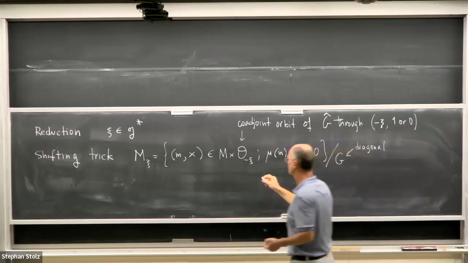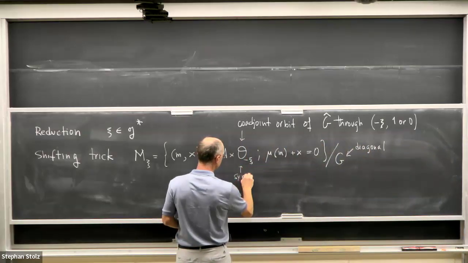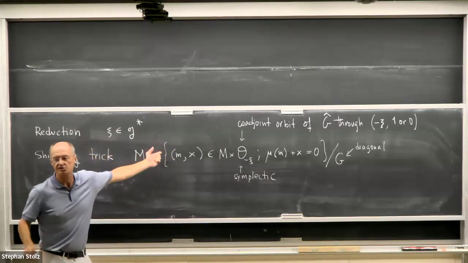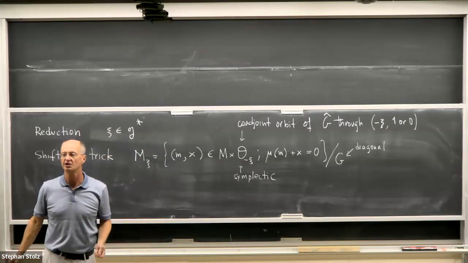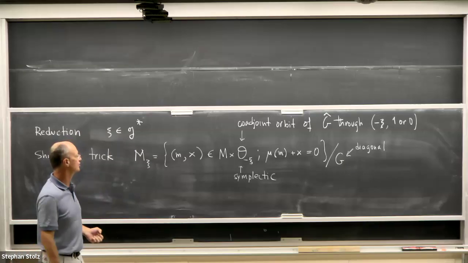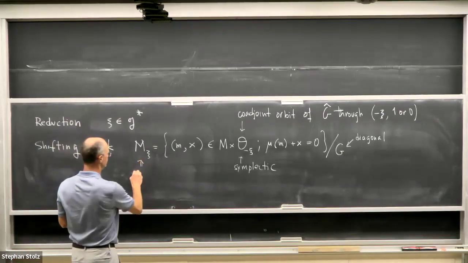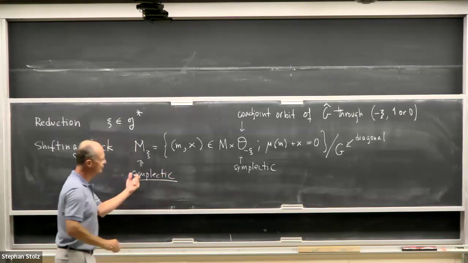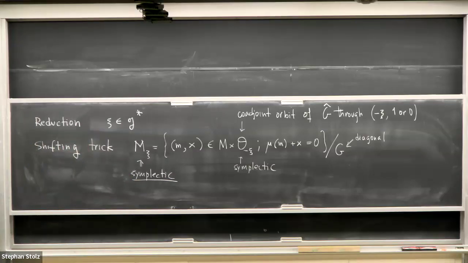Right, so this space is automatically symplectic. And so this is some kind of standard symplectic reduction that you find in symplectic geometry books. And that's usually how in applications to physics we find so-called reduced phase spaces, or spaces which correspond to phase spaces of dynamical systems or Hamiltonian systems with symmetry.